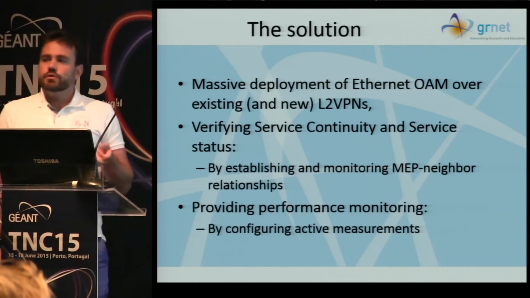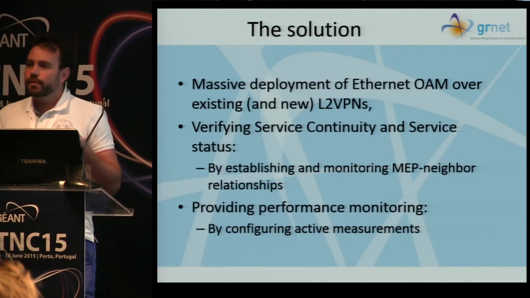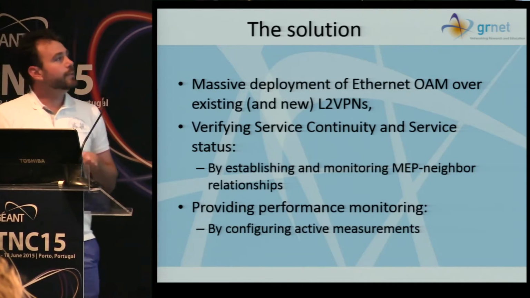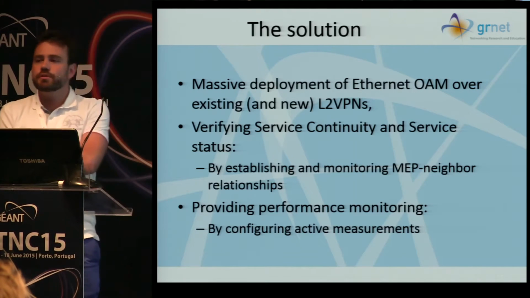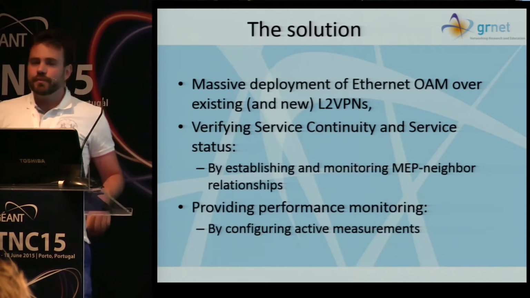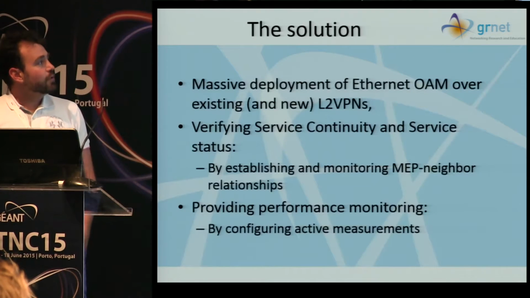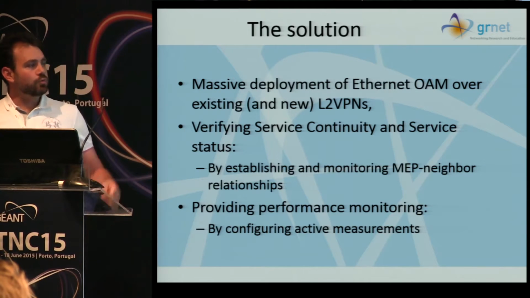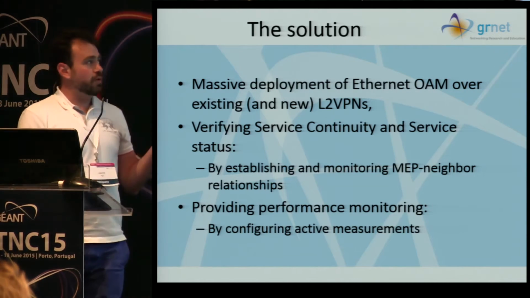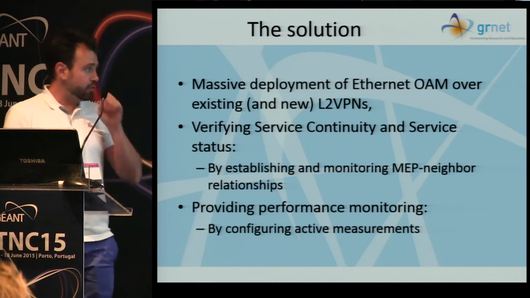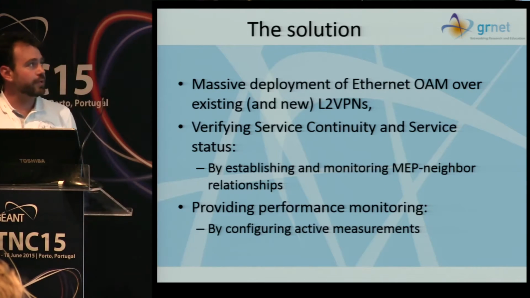In order to address this, we created a troika. Sorry, I was not supposed to say this. A team of 3 persons, a network engineer, a system engineer, and a developer, who sat together and came up with two statements, namely that we need somehow to introduce service continuity functionality and performance monitoring.